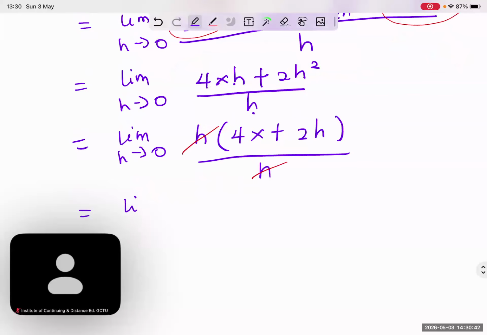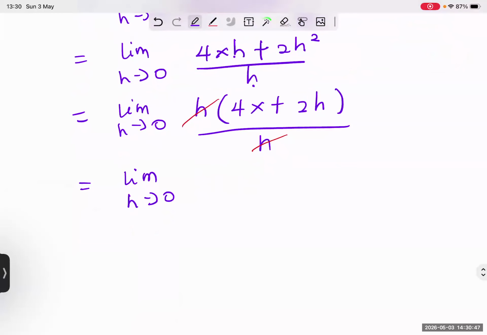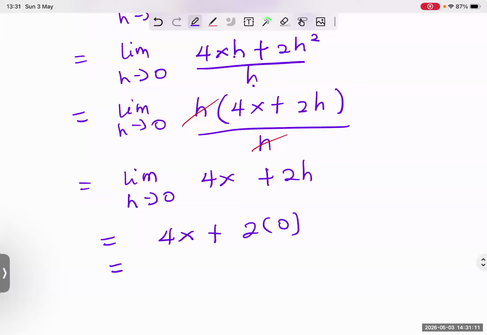So this is the limit as h approaches 0 of 4x plus 2h. To evaluate the limit of a function means that wherever we see h, we are going to approximate that to be equal to 0. So this will give us 4x. I don't see any h, so I will leave it alone, treat it as if it's a constant, plus 2 times 0. And that will be 4x plus 0, which is equal to 4x.